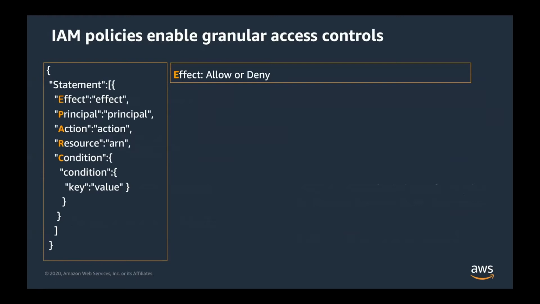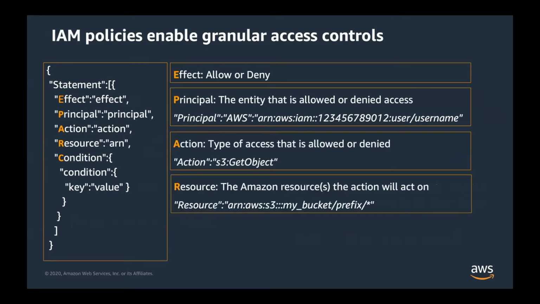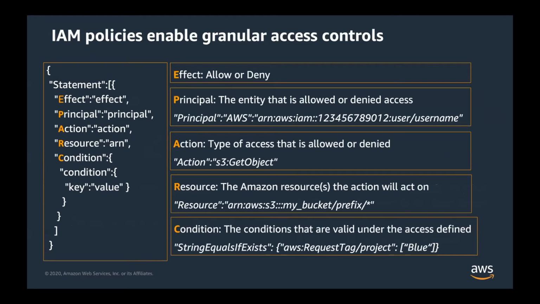Who's the principal, or the identity, that's going to be allowed? The action that they can perform, the resource that they can access, as well as the conditions they can access this under. So as you write your policy statements, you can think about making this very granular when you think about allowing or denying an action.